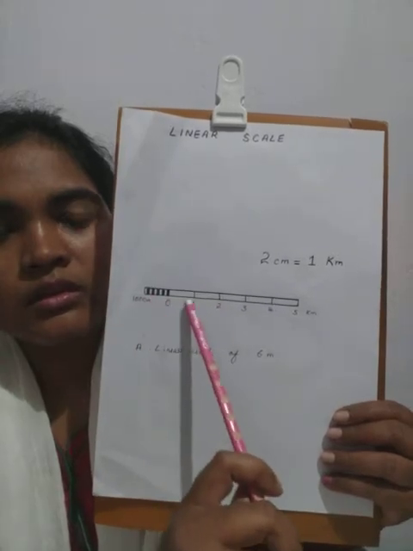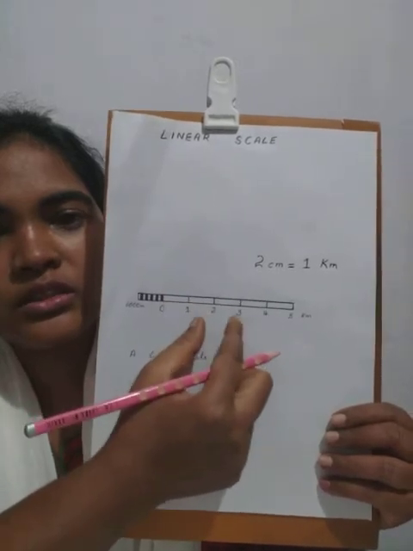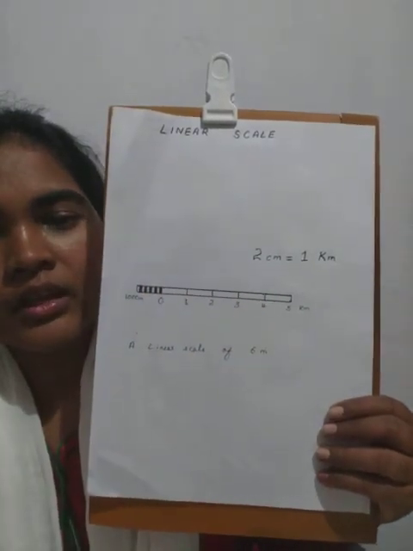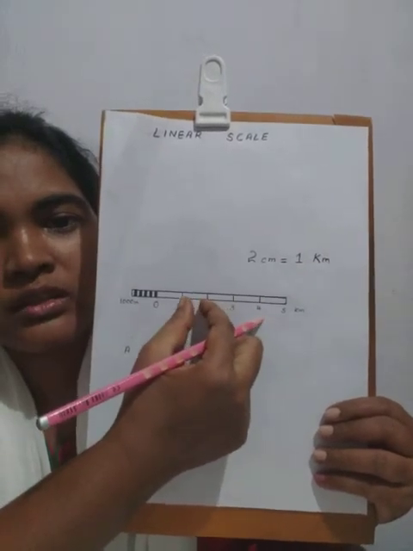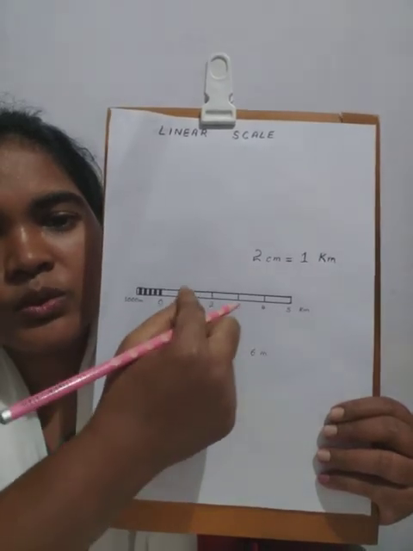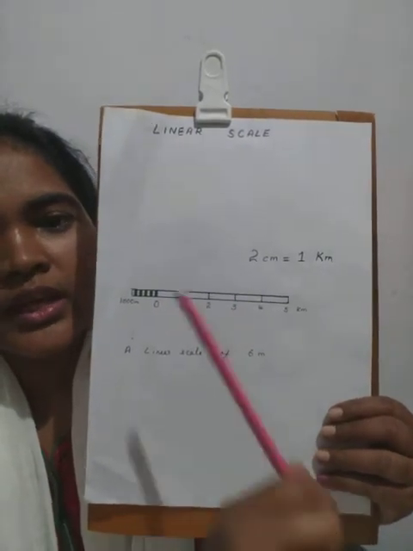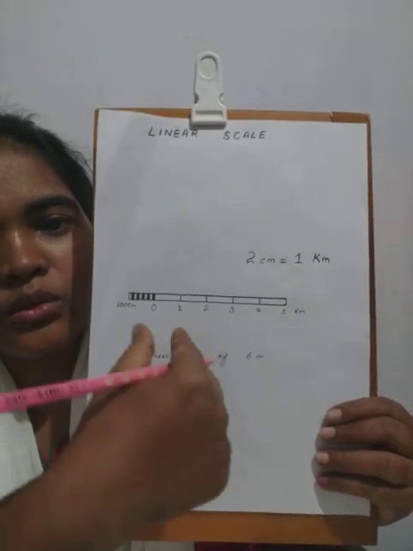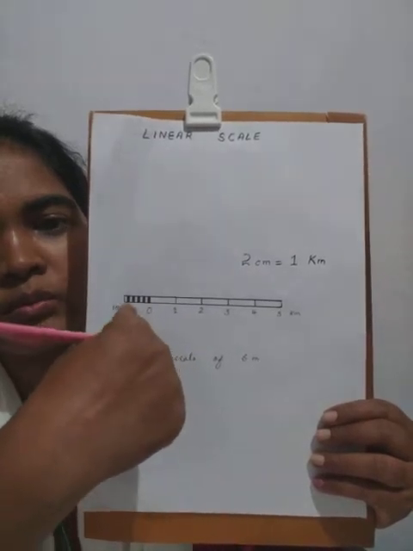So on a scale it is measured like 2 centimeters each. Divisions are made on this scale, and this 1 unit, 2 unit, that means 2 centimeters equals 1 kilometer. Towards the right, markings are done as 1, 2, 3, 4, 5. And here to the left, this 1 unit is divided further into 10 more divisions.